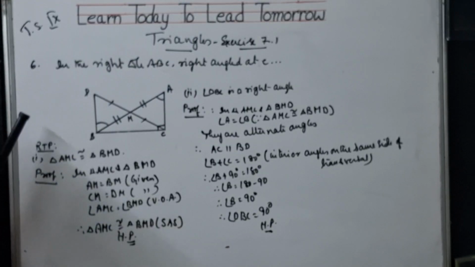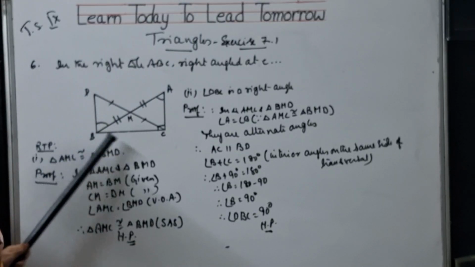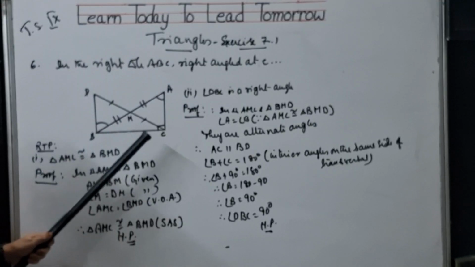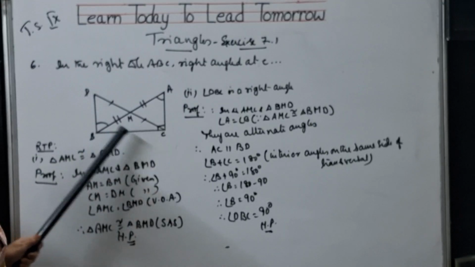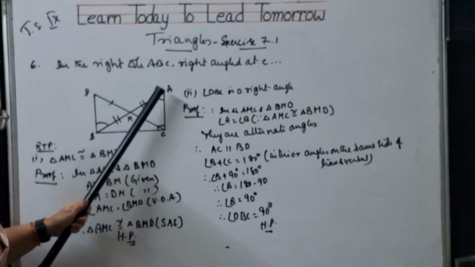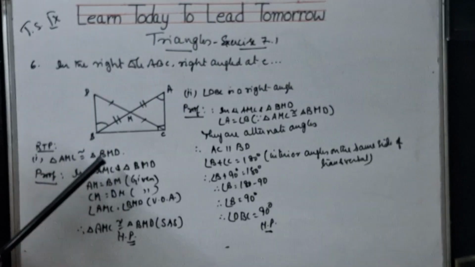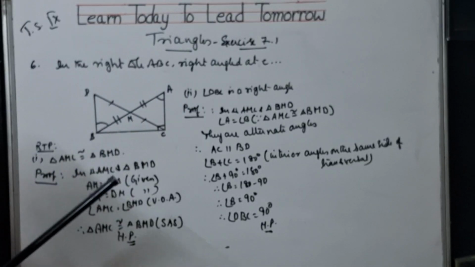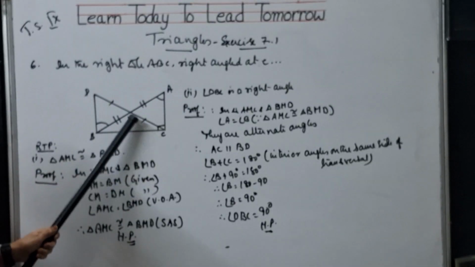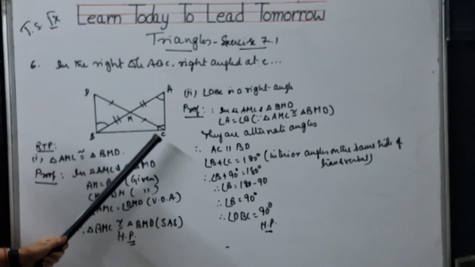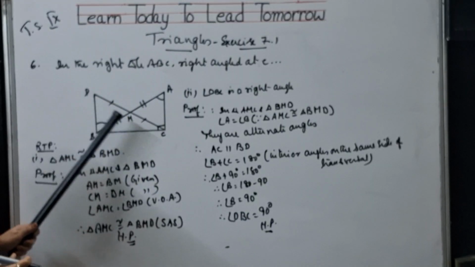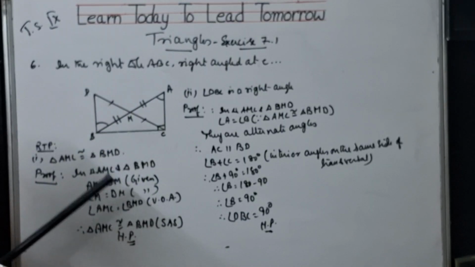Let us see. ABC is a right angle triangle, right angled at C, and M is the midpoint of AB, they said. So AM is equal to BM. And C is joined to M and it is produced to D in such a way that CM is equal to MD.